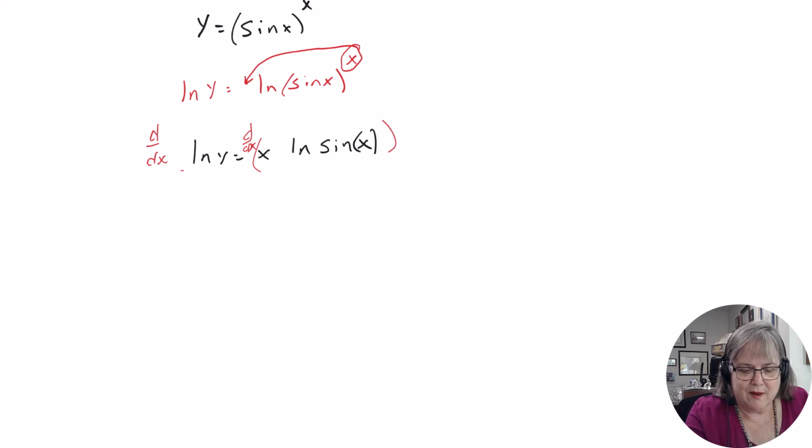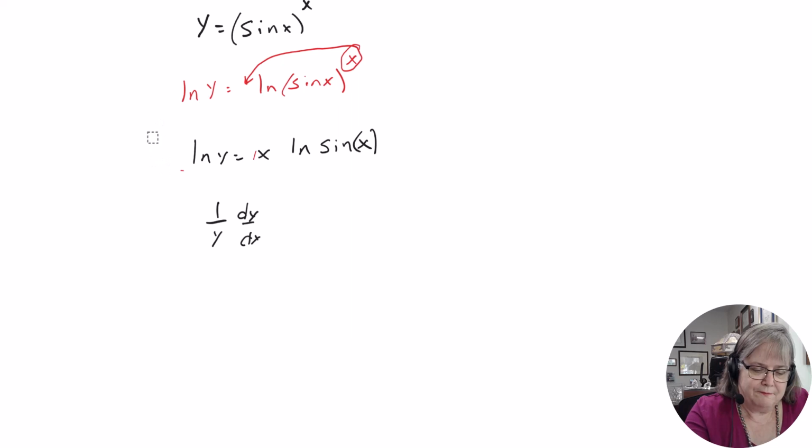There we go. The derivative of the natural log of y with respect to x is 1 over y dy dx. And this part inside this derivative that we're going to take is a product. So it's the first times the derivative of the second.